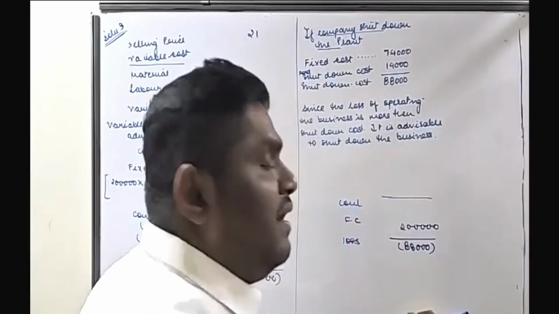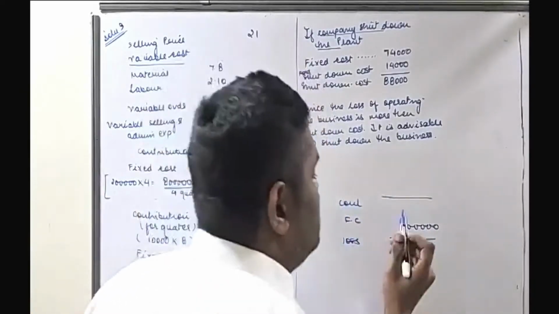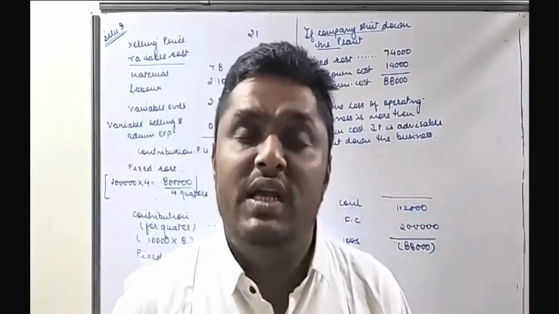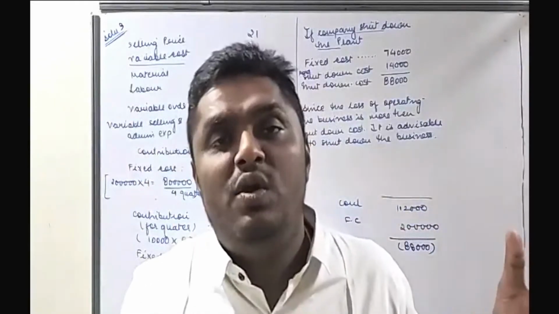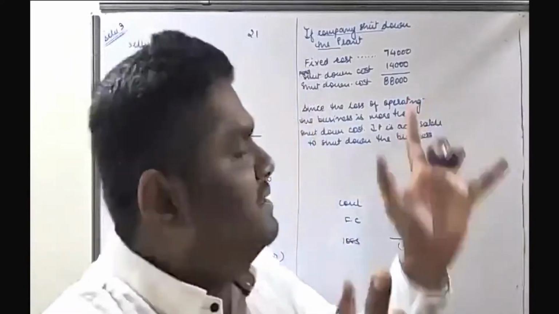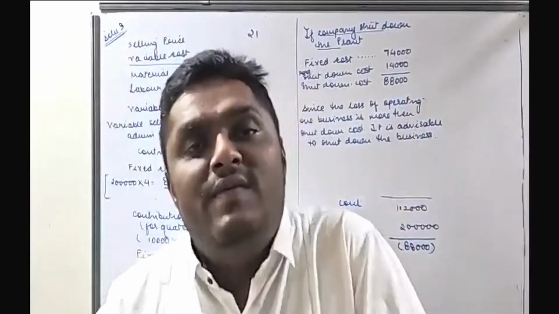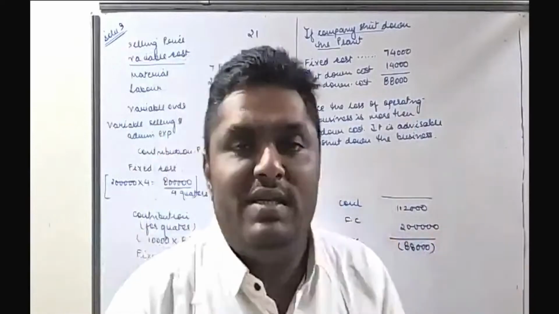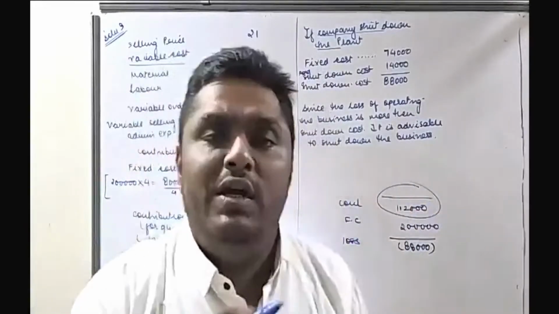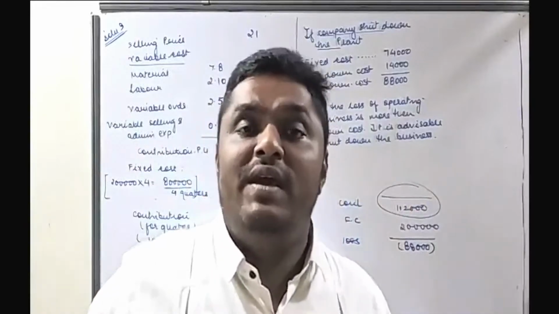So if we are earning a contribution of how much? 1,12,000. If we are earning a contribution of 1,12,000, we are indifferent. That is, even if we shut down the business, there is a loss of 88,000. Even if you continue with the business, there is also a loss of 88,000. So if we are able to earn a contribution of 1,12,000, then we are indifferent.